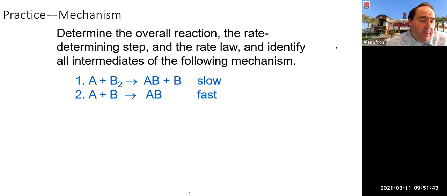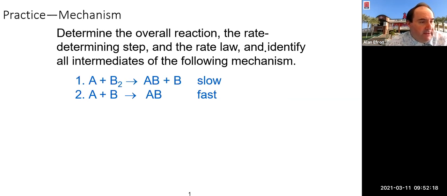The next and one of the most important things is when you determine the rate law for the rate determining step. The rate determining step is the slow step in the mechanism, and it should have a rate law that matches the one that's been found experimentally. Usually in these mechanism problems, they will say in the actual problem that experimentally the rate law for this reaction was whatever it is.